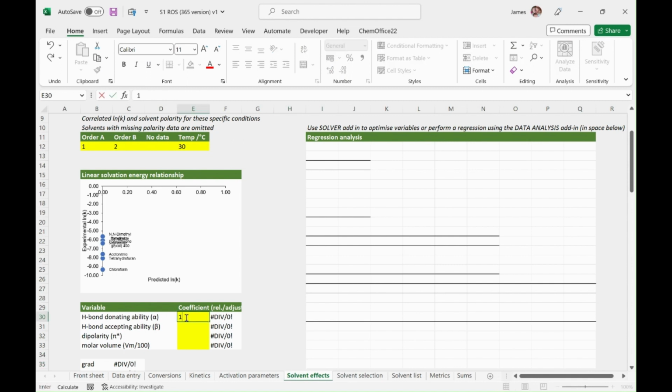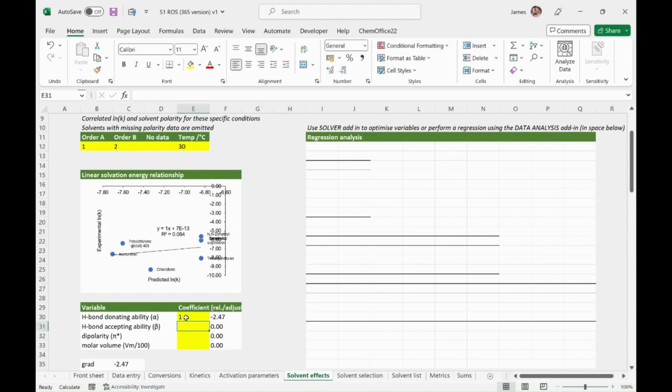If we input a value here, so let's just put a 1 for hydrogen bond donating ability, we don't have a very good correlation. What is happening here is that we are making an equation based on the hydrogen bond donating ability of the solvent, and that is trying to derive the correlation with the experimental rate constants. But we don't have a good correlation here.